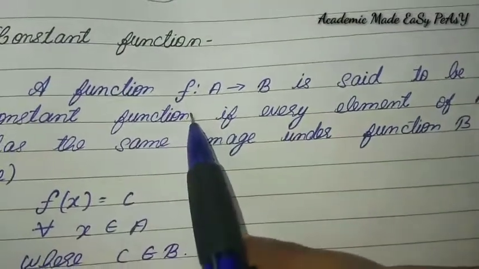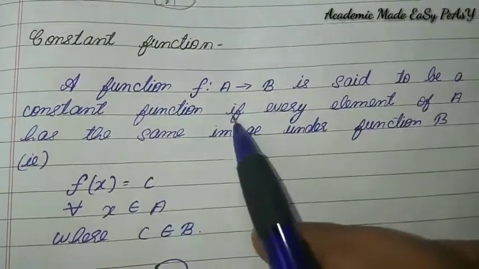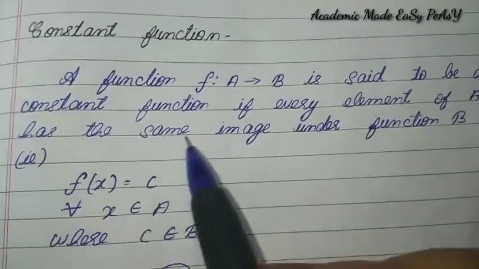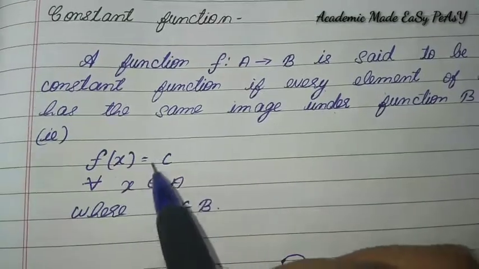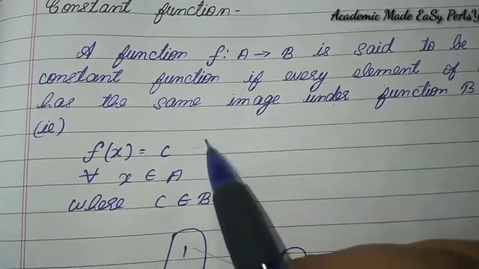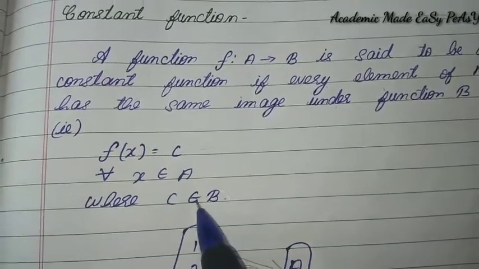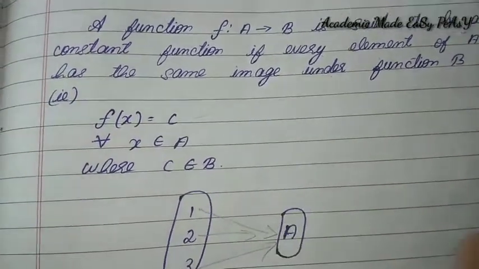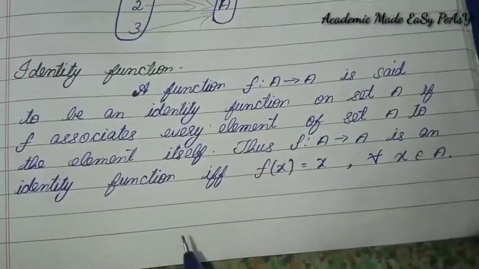A function f from A to B is said to be a constant function if every element of A has the same image under the function. f of x is equal to c, that is some constant, for every x belonging to A where c belongs to B. That's it.